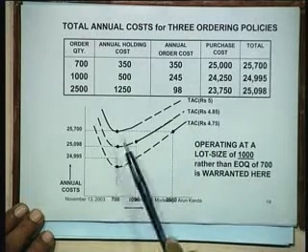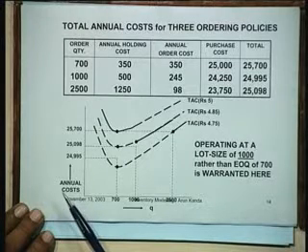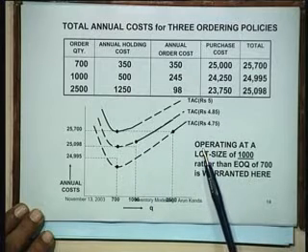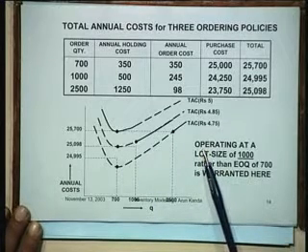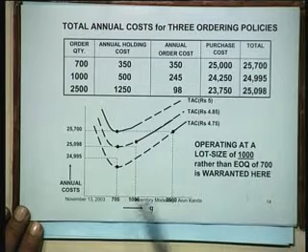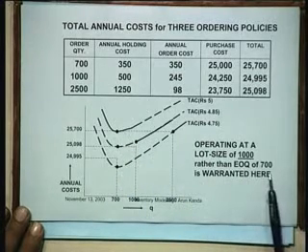So if you are now looking for the global optimum for this particular situation, the global optimum will be only this particular value. Because of these quantity discounts, operating at a lot size of 1000 rather than the EOQ value of 700 is warranted here, right?